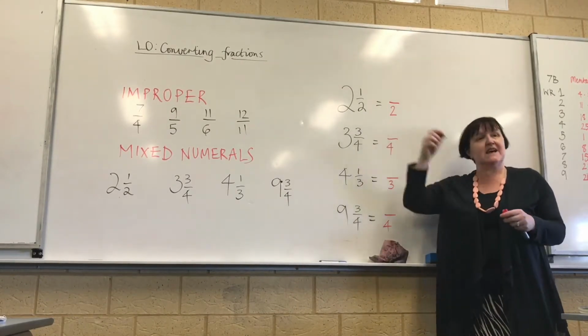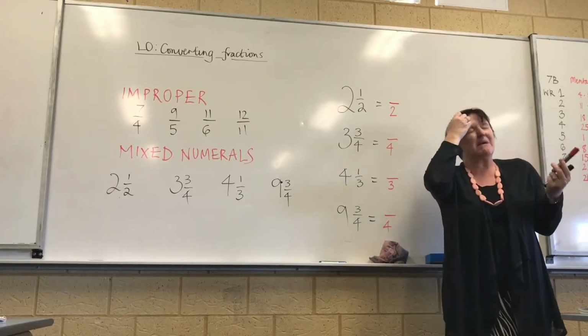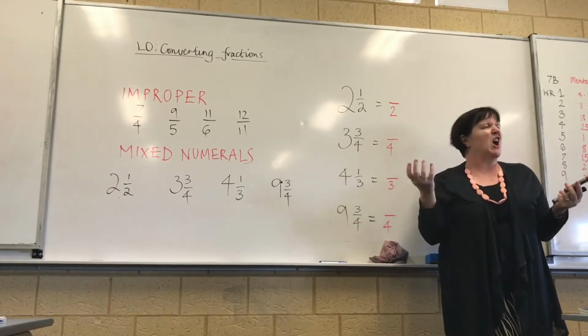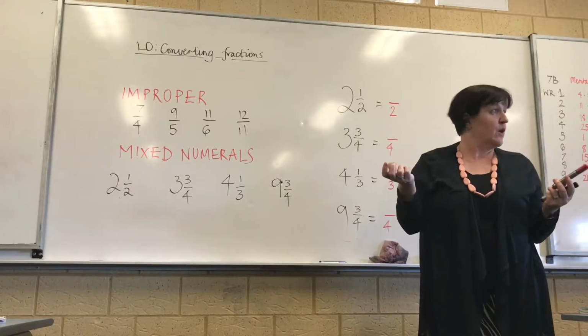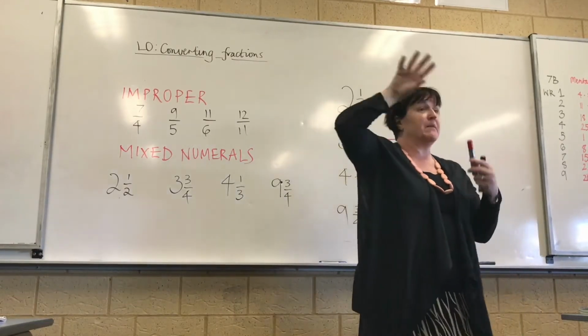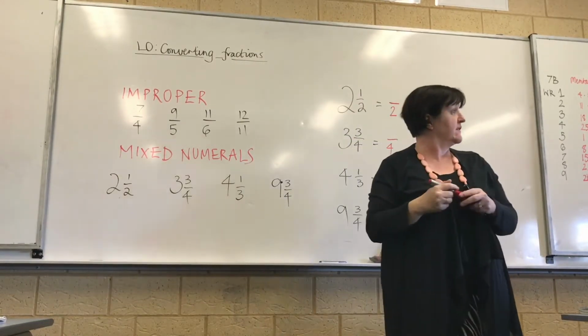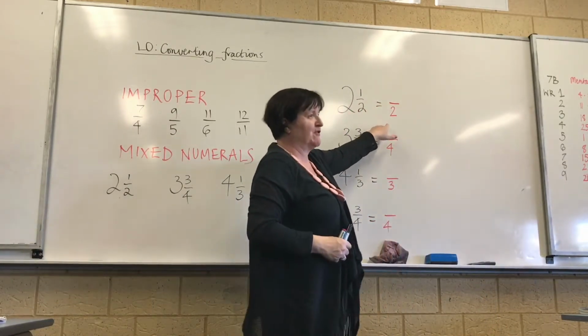Because the denominator's there. So if I've got 2 whole ones, say imagine 2 pizzas, how many halves have I got? 4. Good, 4. And then I need to add this extra one in. So how many have I got then? You haven't got 4.5 halves, have you?